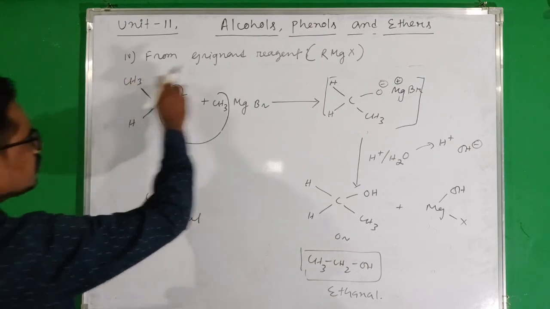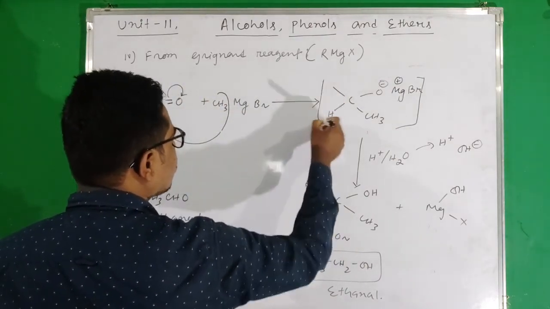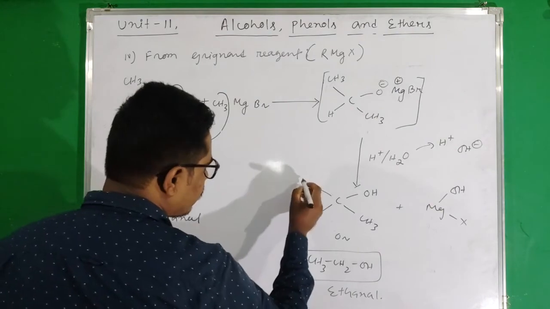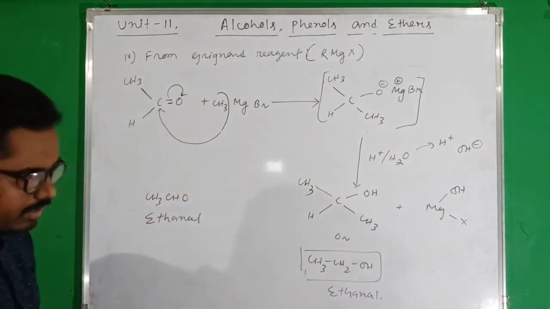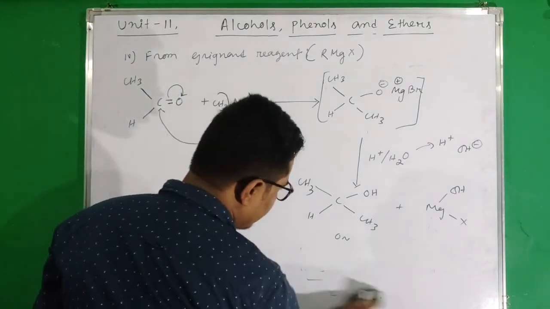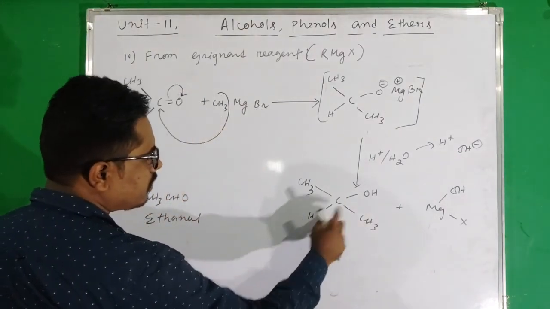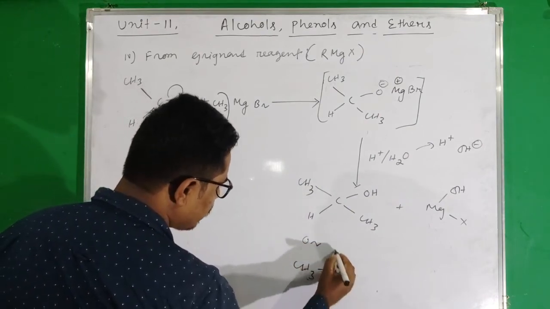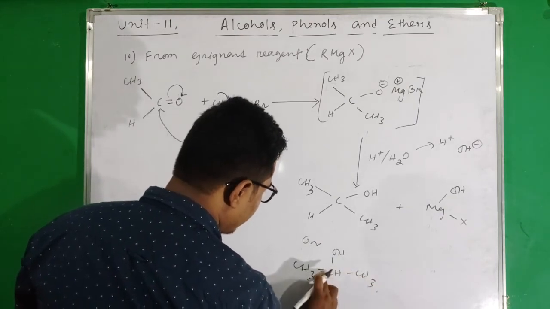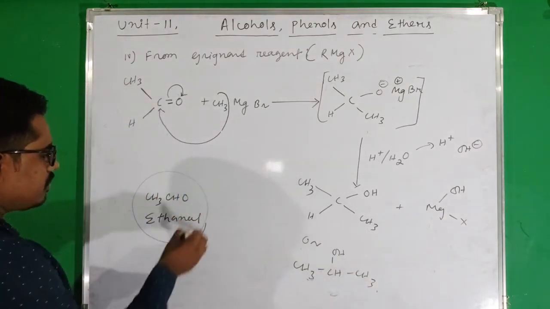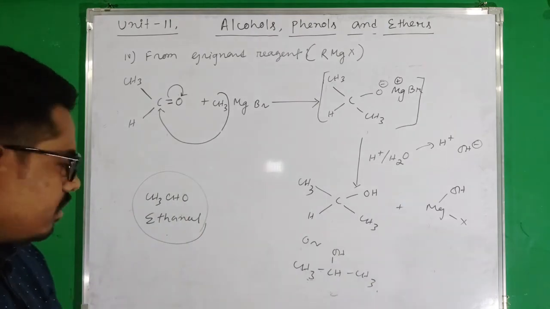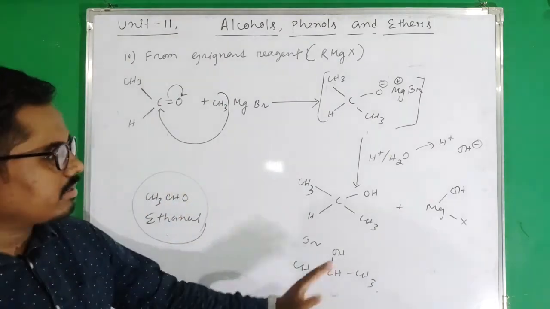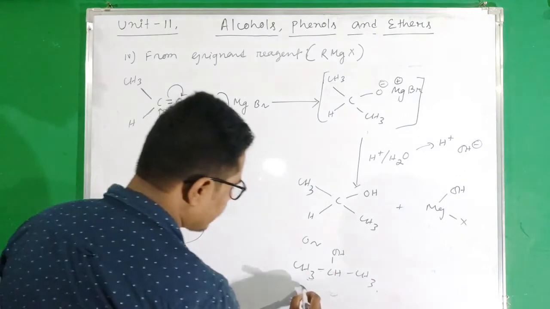So due to the presence of the CH3 group, we have to write again a CH3 group at this position also, and in place of hydrogen we have to add CH3, and the final product is CH3CHOHCH3. That means other aldehydes, ethanal, propanal, butanal, whatever aldehyde you want to take, all the other aldehydes give secondary alcohols. This one is a secondary alcohol.